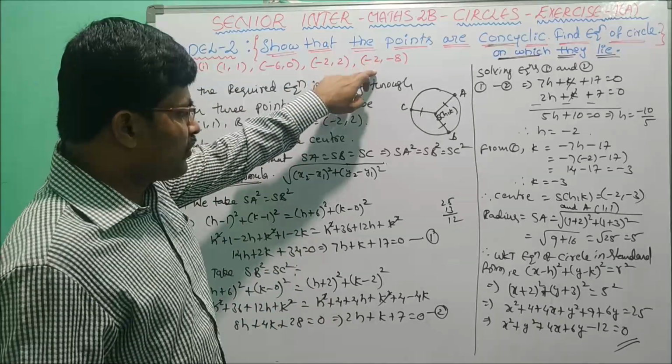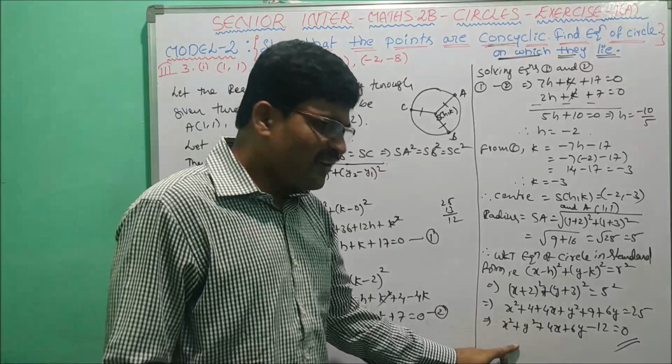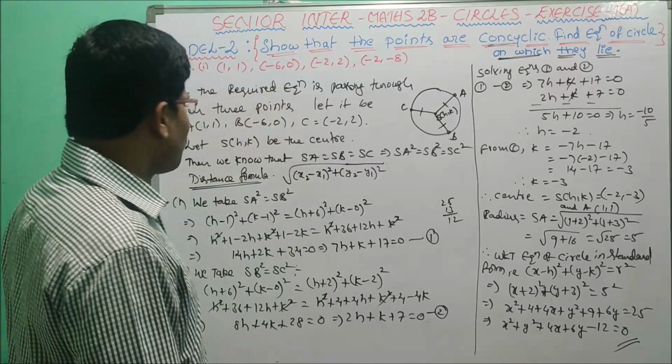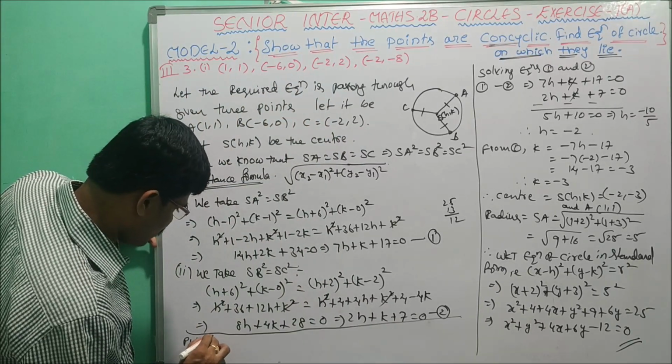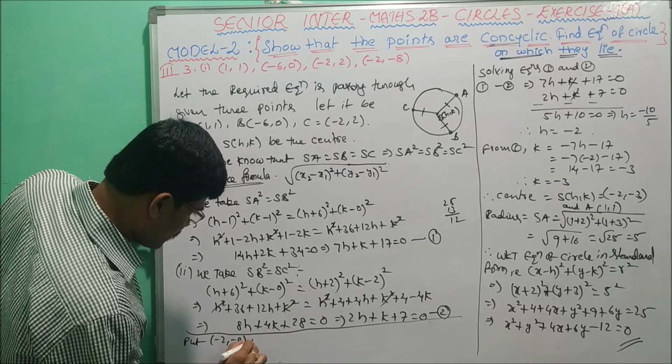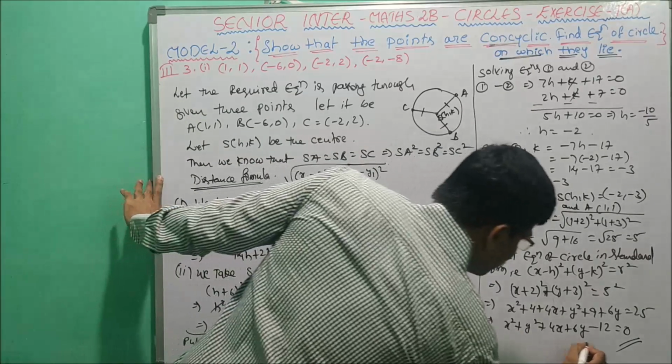Now we check whether the fourth point is satisfied or not by the verification method. The fourth point is (-2, -8) in this equation 3.